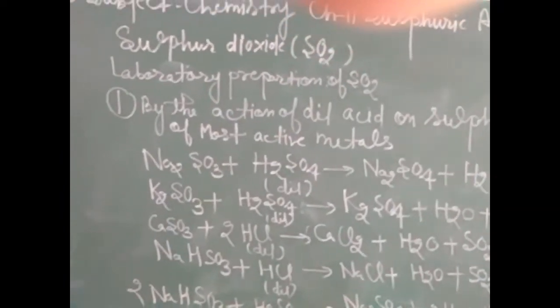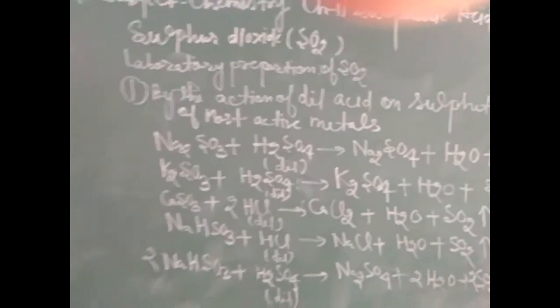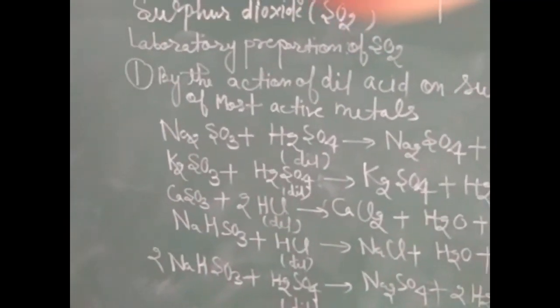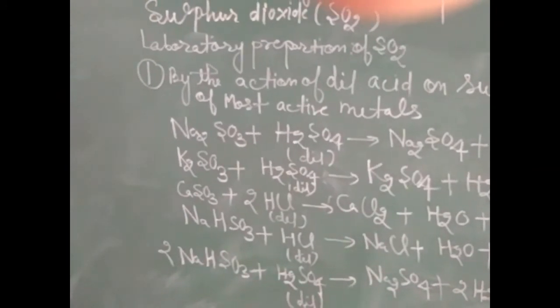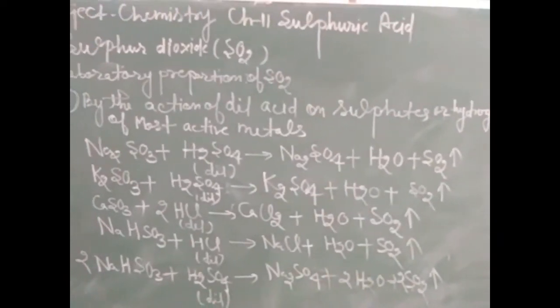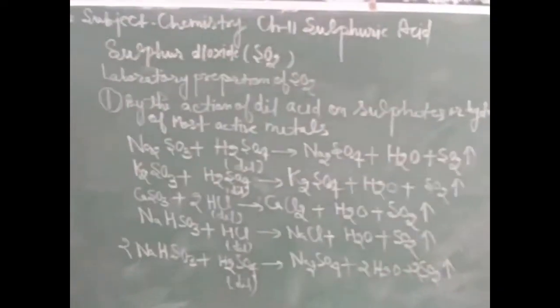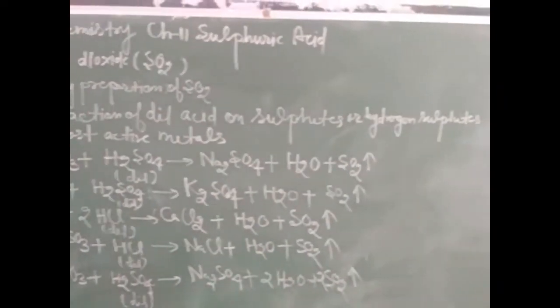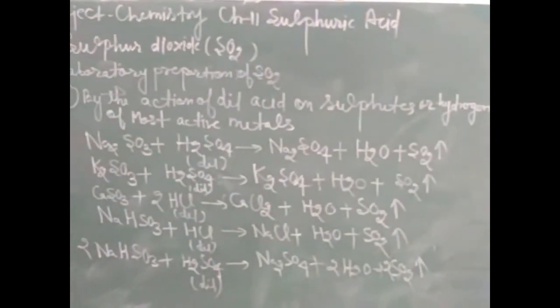Now dear students, we will discuss the laboratory preparation of sulfur dioxide. The first method of laboratory preparation is by the action of dilute acid on sulfites or hydrogen sulfites of most active metals.